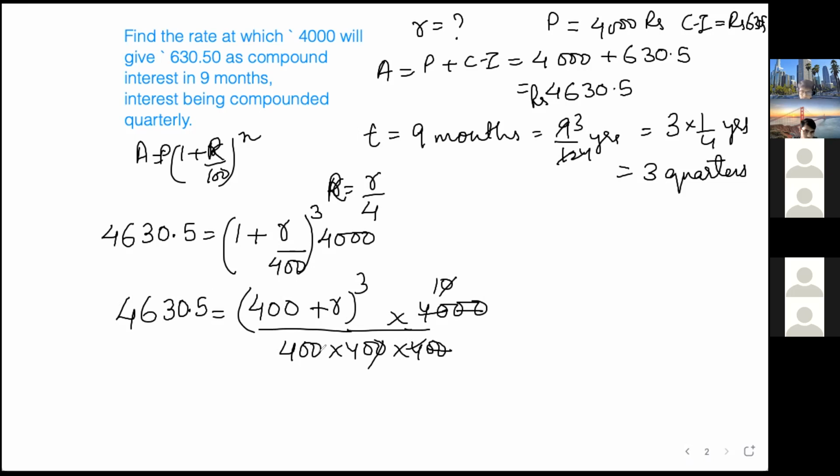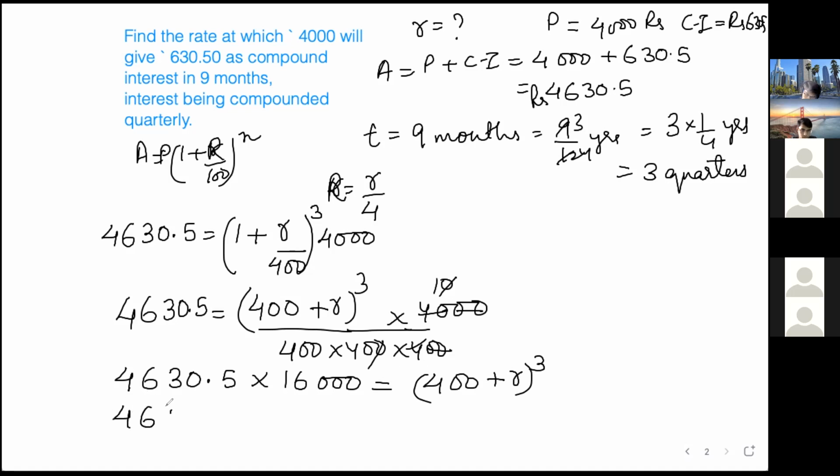Okay, now whatever is in the denominator will go and get multiplied over there. So this is 4 4s are 16,000. So 4630.5 into 16,000 is equal to 400 plus r ka cube. Okay, now 16,000 is actually what?